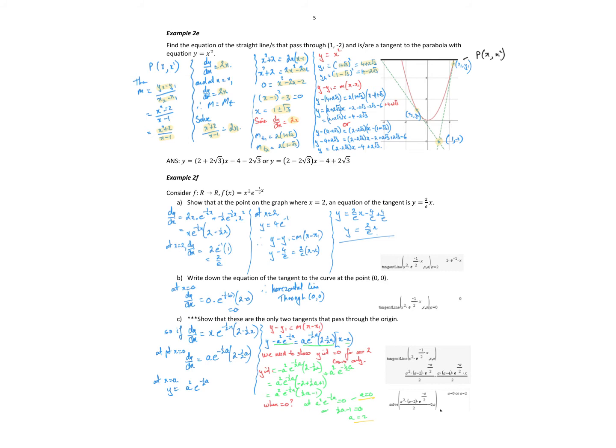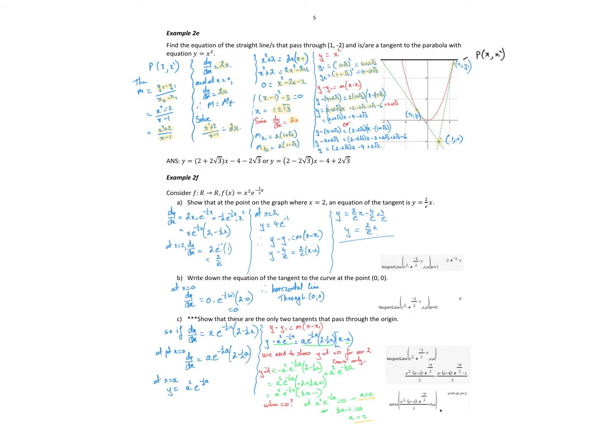So if I use the first point, I get y minus y1, 4 plus 2 root 3, is equal to m, 2 times 1 plus root 3, times x minus x1. So really it's just now an exercise in algebra and keeping track of your coordinates. 2 times 1 plus root 3 times x, I'll multiply the 2 in, so there's my gradient. 2 times 1 plus root 3 times negative 1 plus root 3.